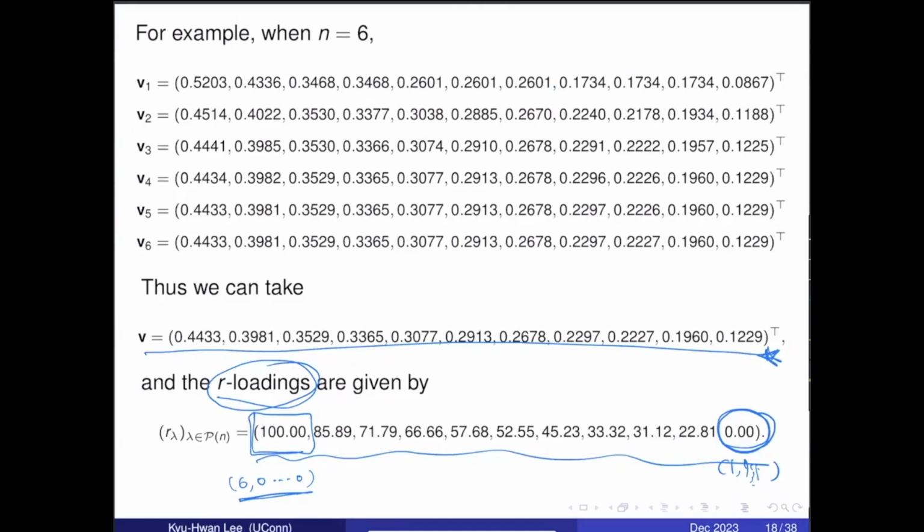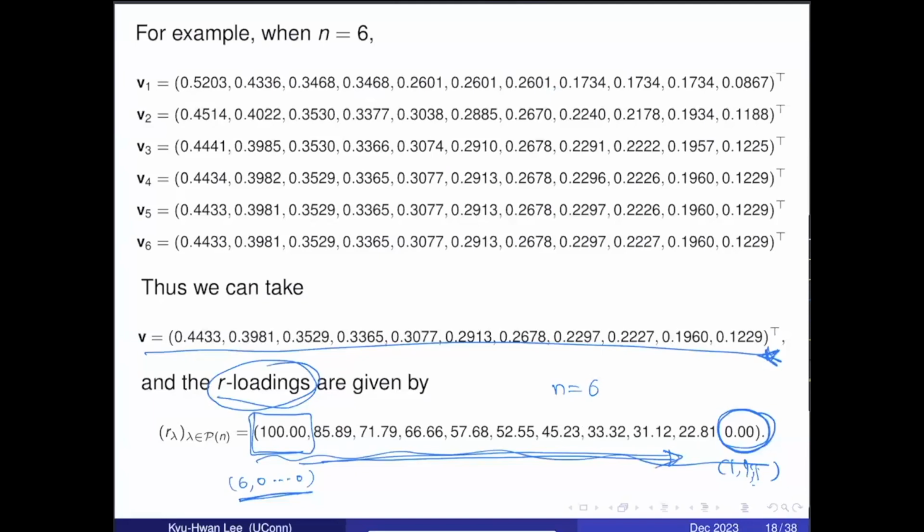And then generally, the R loading decreases. By the way, we fix the partitions; we order the partitions using the lexicographic order. Then it generally decreases. Actually, when n is 6, the numbers are decreasing. But in general, that's not true. Sometimes there may be some fluctuation. But generally, the numbers are decreasing.